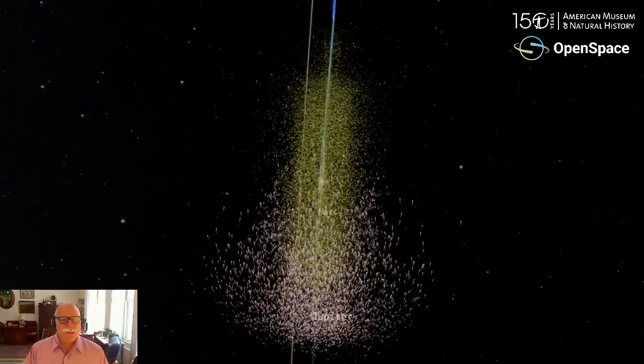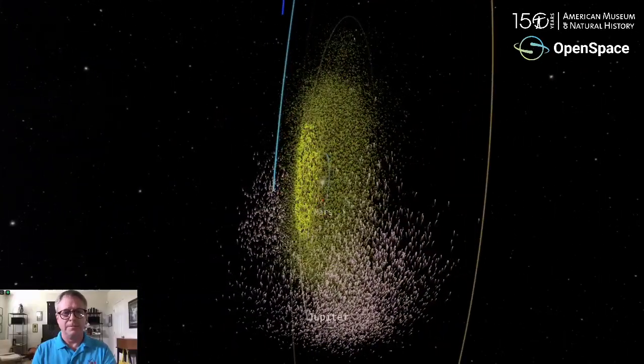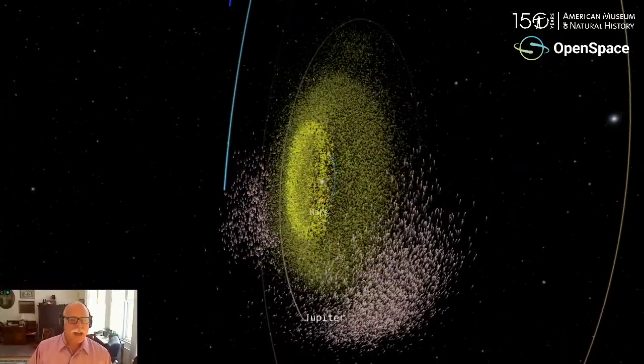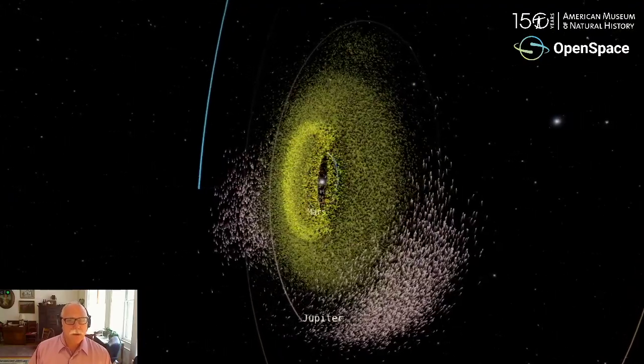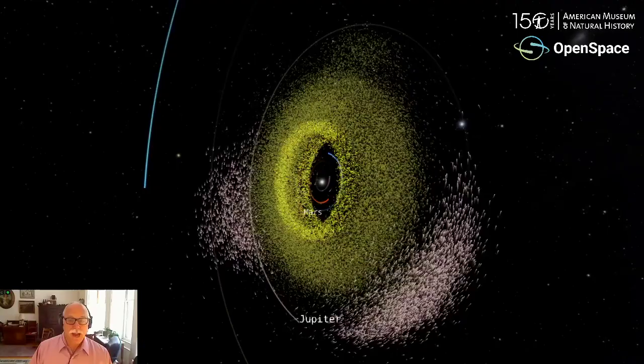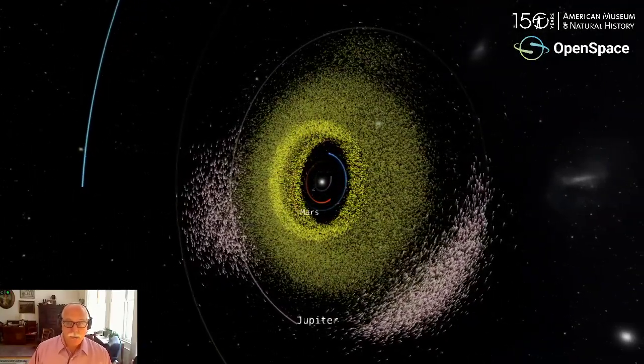So these Trojan asteroids occupy spaces that we could think of as gravitational parking lots. Like the asteroid belt itself, these are stable orbits for the most part, where these objects can stay and just sit there for a very, very long time.